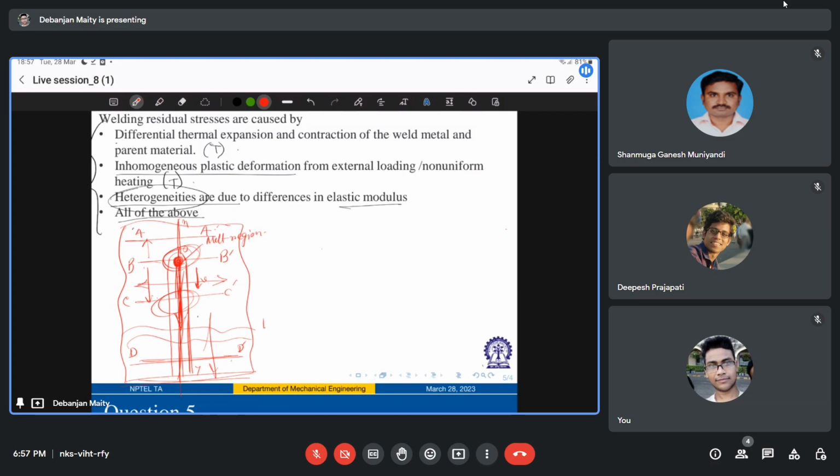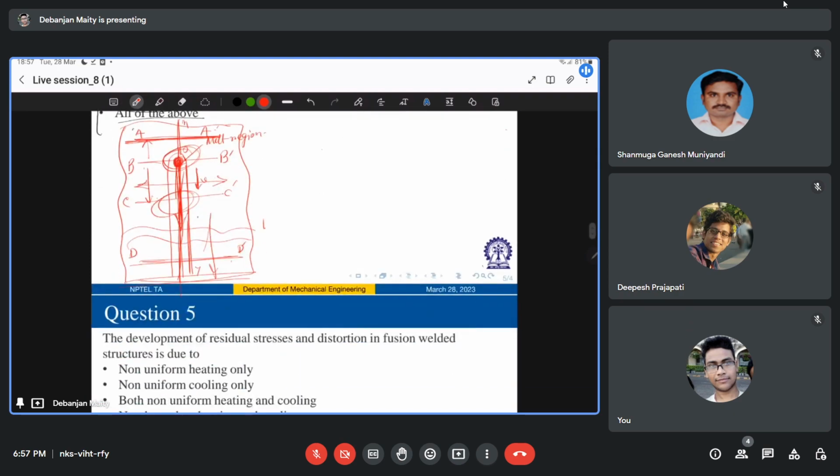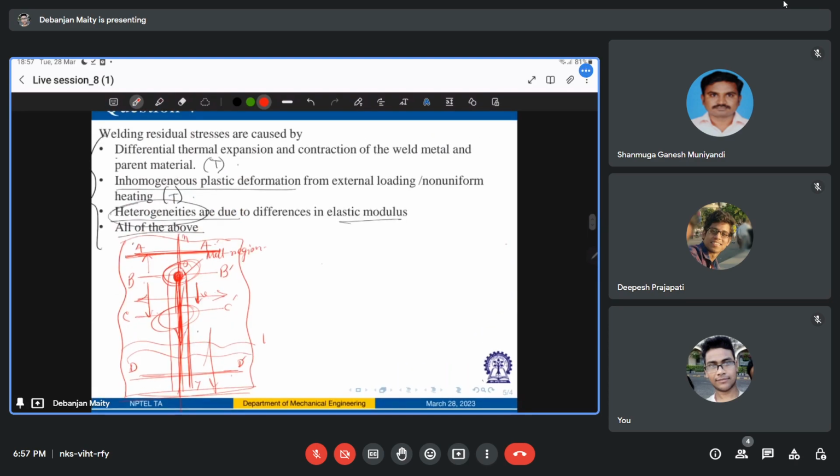Will there be any temperature change really? No. You are starting your welding from here, so ideally the temperature change due to this approaching arc is virtually zero.